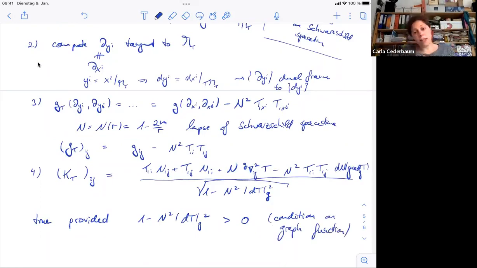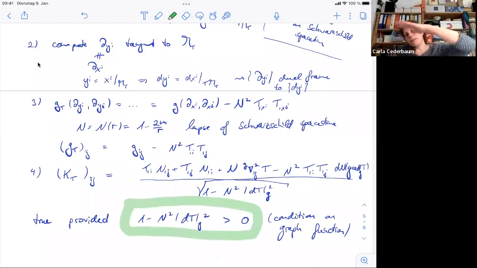So what does that mean? I give you a graph function and I ask you, if you look at that graph, is that graph going to be an initial data set? And your answer is going to be yes, if and only if this condition is satisfied, because that tells me that the hypersurface I'm considering doesn't tilt too much and become null or time-like. I want it to be space-like. I want it to be a time slice.